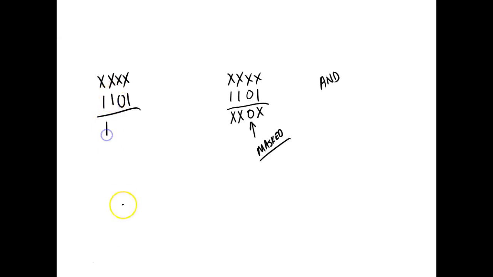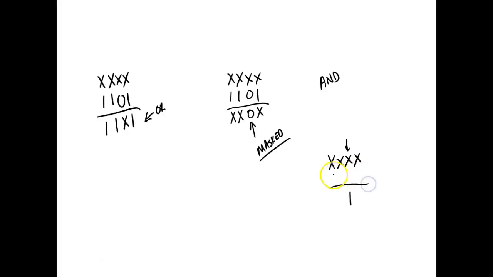So this would be a 1. This would be an x. Now, let's say no matter what's going on, I want this bit right here to always be a 1.